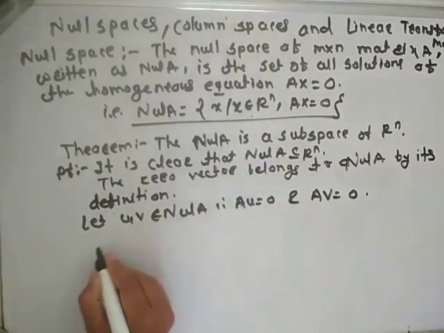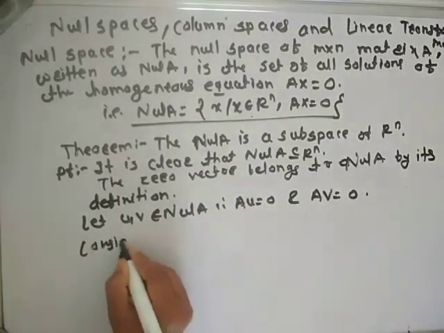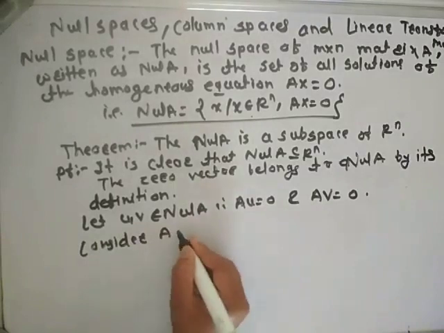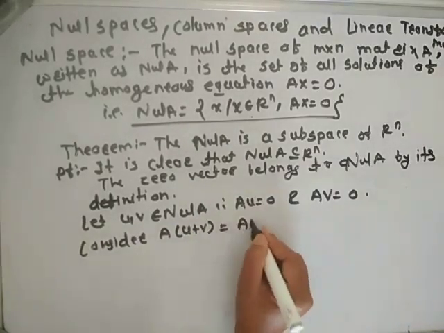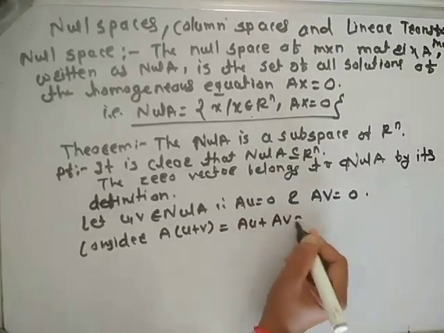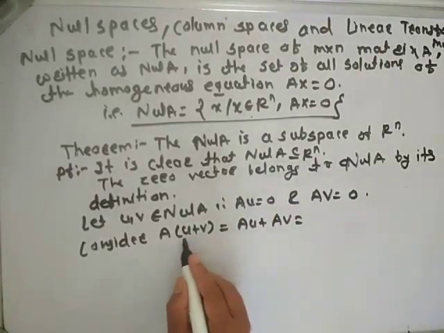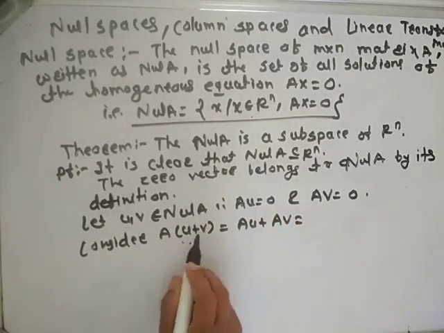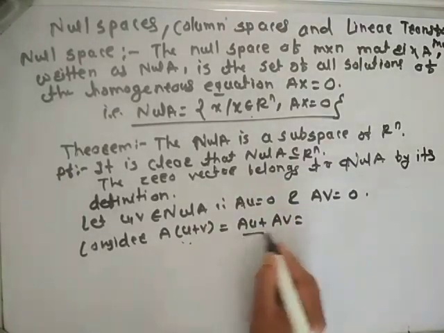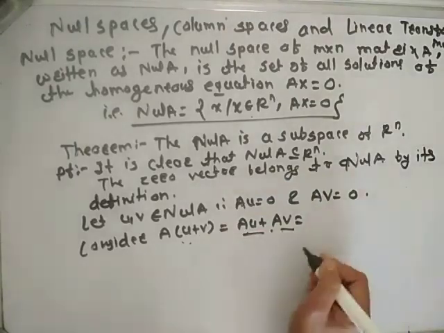Okay. Now consider A into u plus v is equal to Au plus A into v. u plus v belongs to null space of A means what? A into u plus v is equal to 0. Now A into u is 0, A into v is 0.